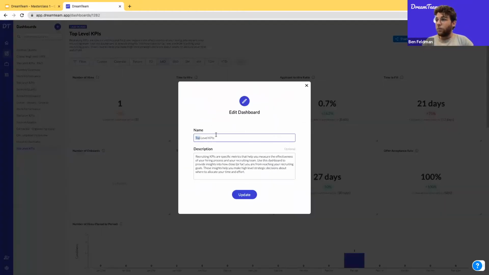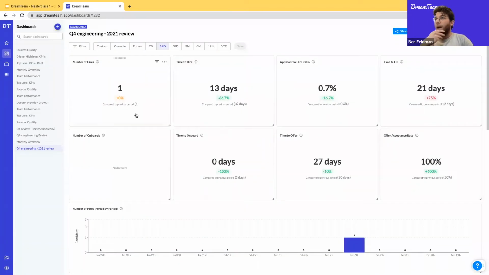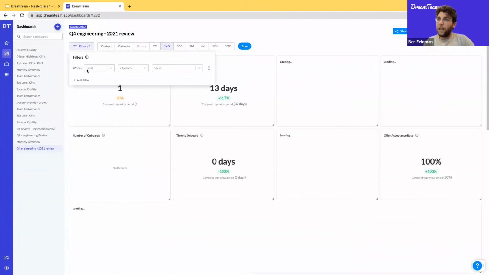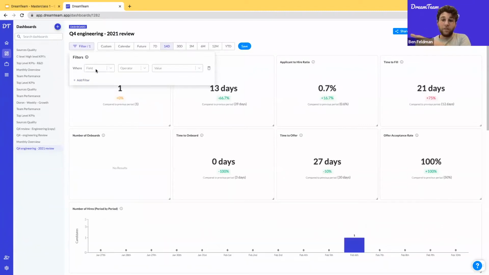So the first thing that I'm going to do is call this Q4 engineering 2021 review. I'm going to remove all of this. I'm going to update. I'm then going to ensure that all of the data is showing me specifically what I'm looking for, right? So first I'm going to filter, and this is a dashboard level filter, by the way.